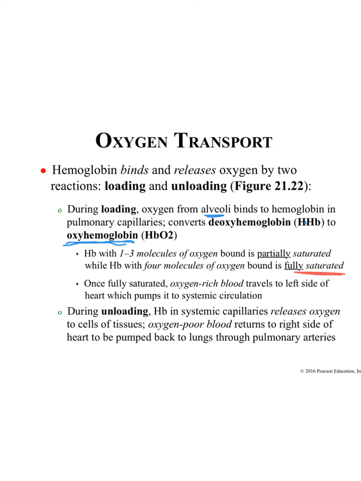So essentially, most of the time you will, and now our fully saturated hemoglobin, our oxygenated blood, is going to return to the left side of the heart, where then the left ventricle can pump it to the rest of the body into our systemic circulation. So once you get to those systemic capillaries, now we're going to unbind the oxygen from the hemoglobin. So that's unloading. So release the oxygen, and we're actually going to rebind carbon dioxide.